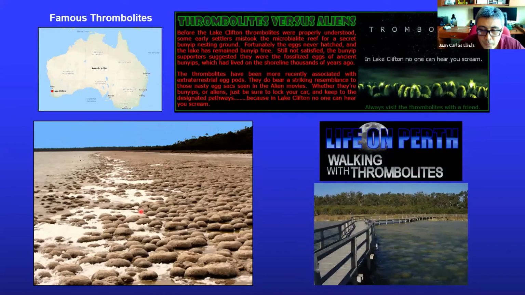So here you can see one walking with thrombolites, and this one is more interesting, and it's about the legend of the bunyip, which is a monster that lived in swamps and coastal areas in Australia. So the story tells that this is a fossilized nesting ground of ancient bunyips. But this is just to attract tourists.